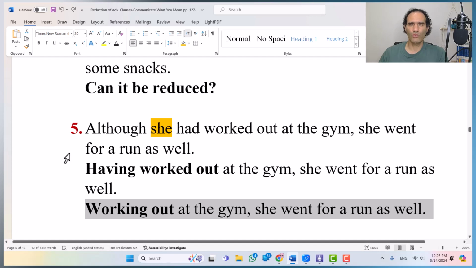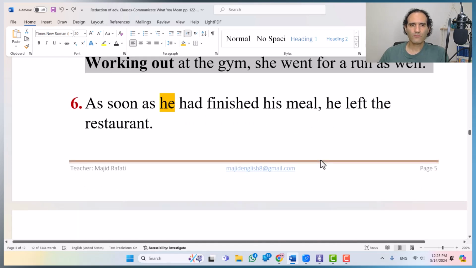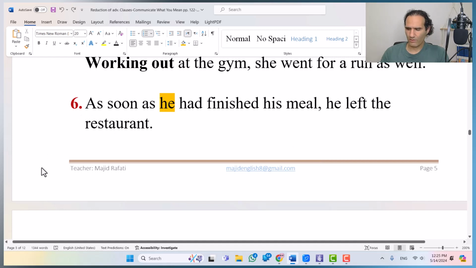But if you want to show that this one happened before this one, you can say having PP, then the rest of it. So this just shows that it has happened before this one. Okay, either of these two is correct. Number 6. As soon as he had finished his meal, he left the restaurant.